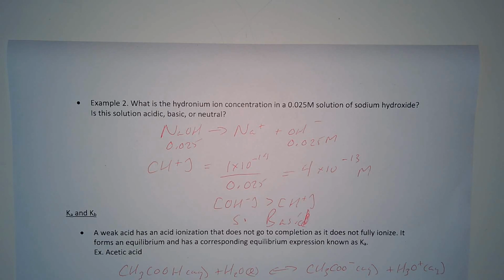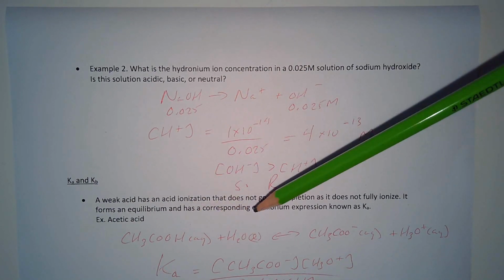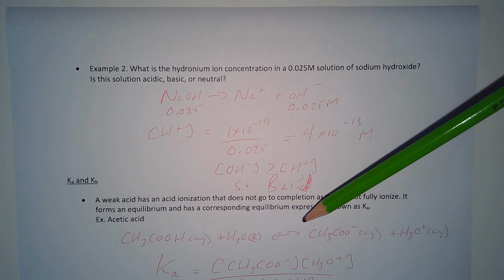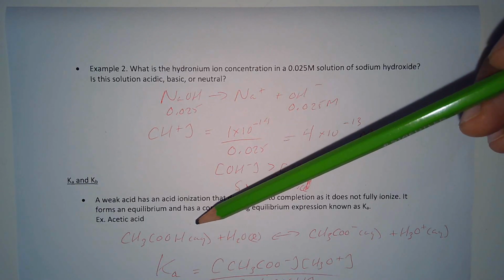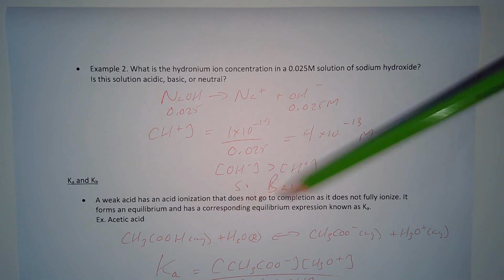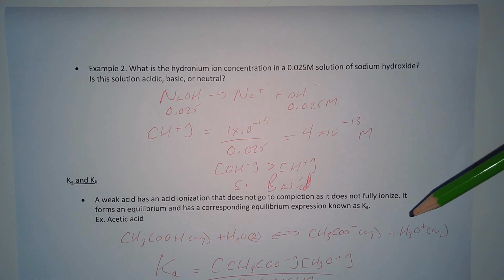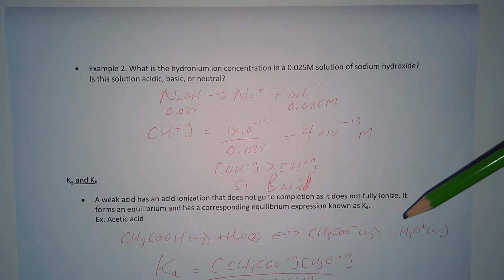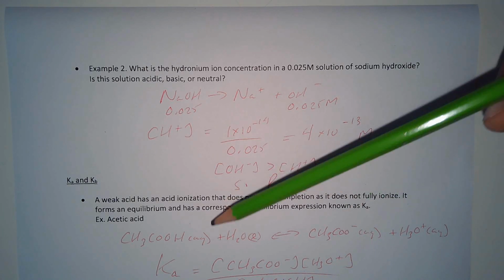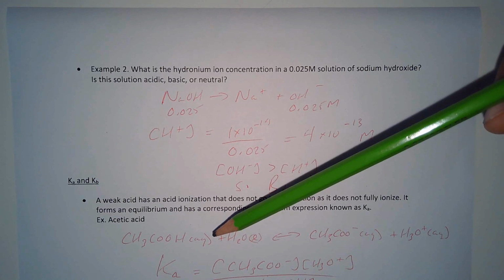Now let's look at something like acetic acid. This one is going to be in equilibrium. So basically what this is saying is acetic acid will, some of it will ionize to acetate ion and hydronium ion, producing some of the hydronium ion, but a lot of it will still stay as the acetic acid compound.